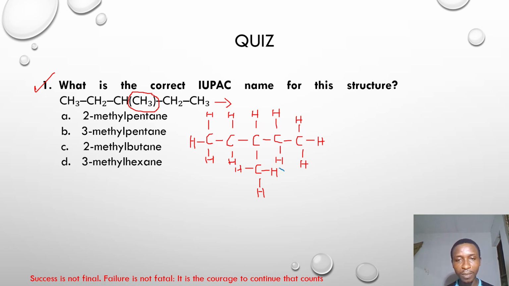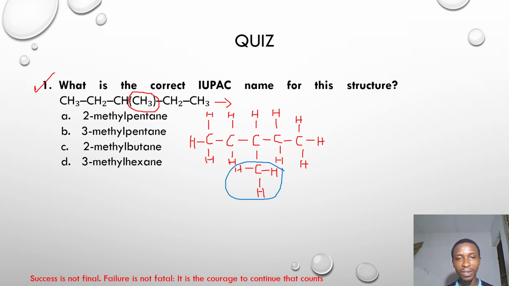The closest carbon atom to the branch chain, that's where we start our naming from. If we check from left, we have 1, 2, 3 carbon atoms before the branch chain. Also from right, we have 1, 2, 3 carbon atoms. That implies that we can actually start the numbering from anywhere we like, either left or right.